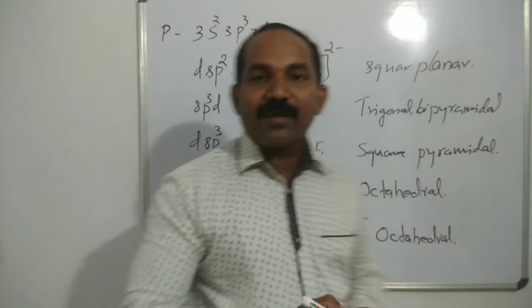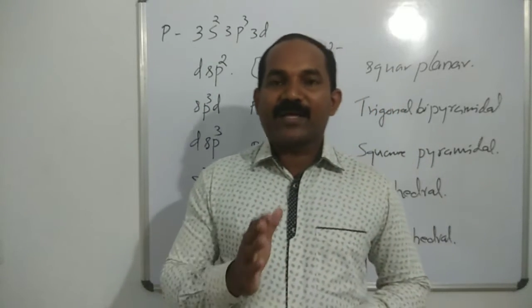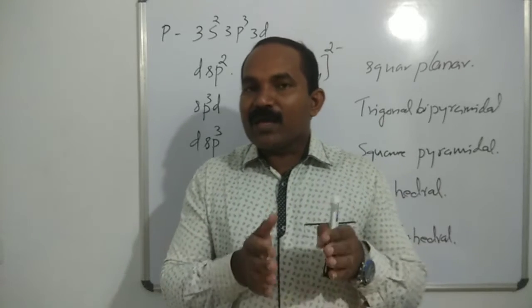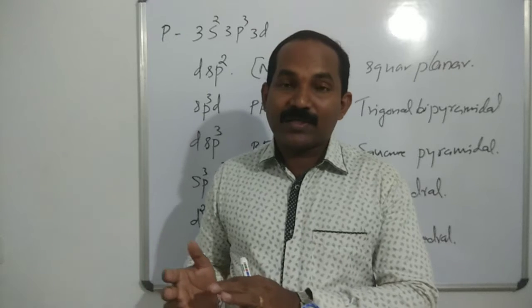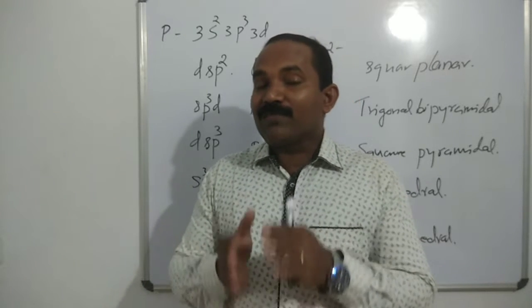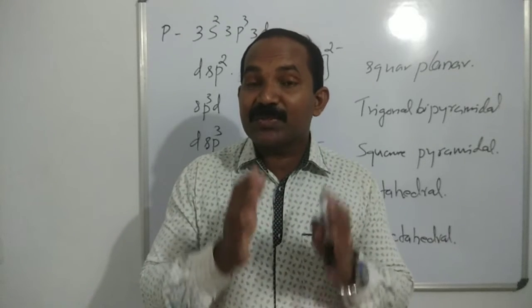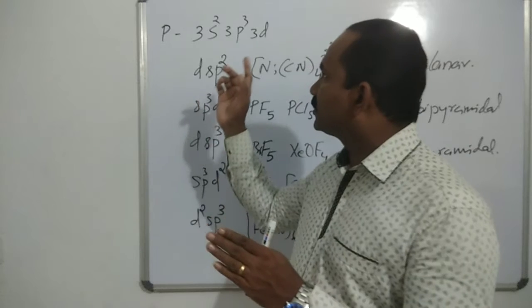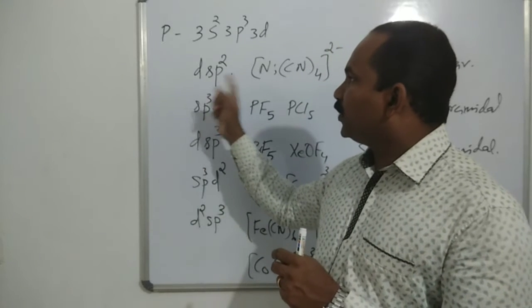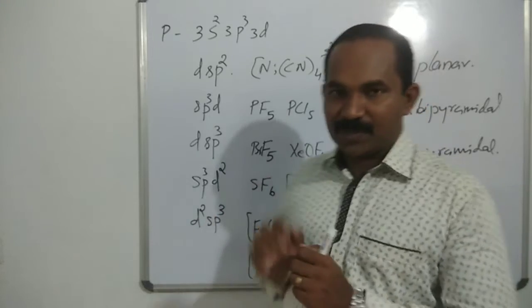So once again, the d orbitals participating in the hybridization are either inner d orbitals or outer d orbitals. If the inner d orbital participates in hybridization, we write dsp2, dsp3, d2sp3.